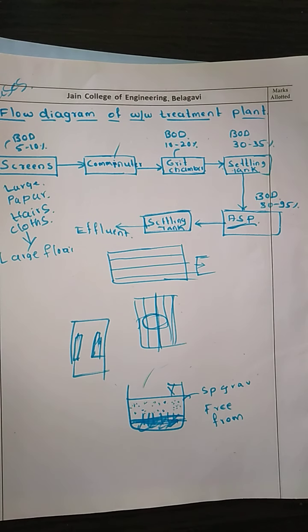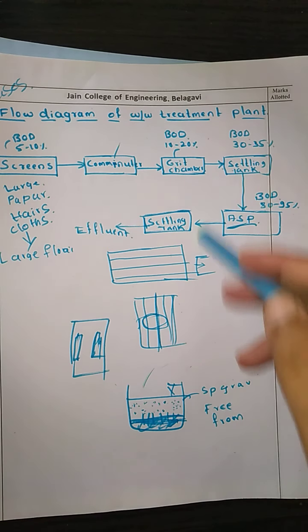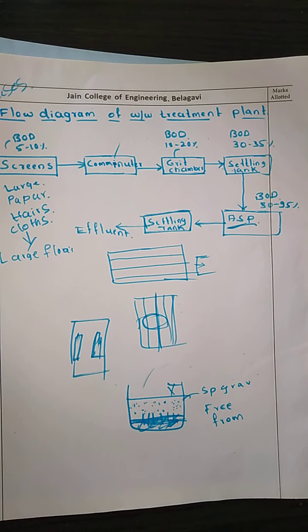The oxidation of these organic particles takes place, and it removes around 80 to 95% of the BOD value in the wastewater. Once you remove this 80 to 95% of the BOD value, maximum contaminants in the wastewater are removed.